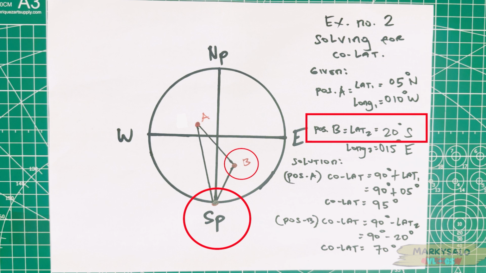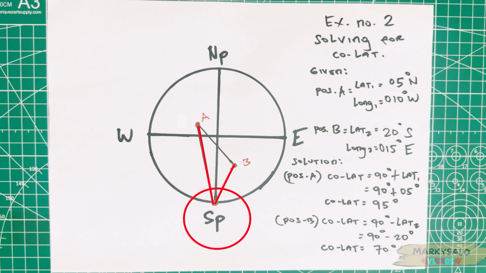So since our latitude 2 is south, we need to connect to the south pole. Okay, so from point A, we need to draw a line going to the south pole, and from point B, we need to draw a line going to the south pole.